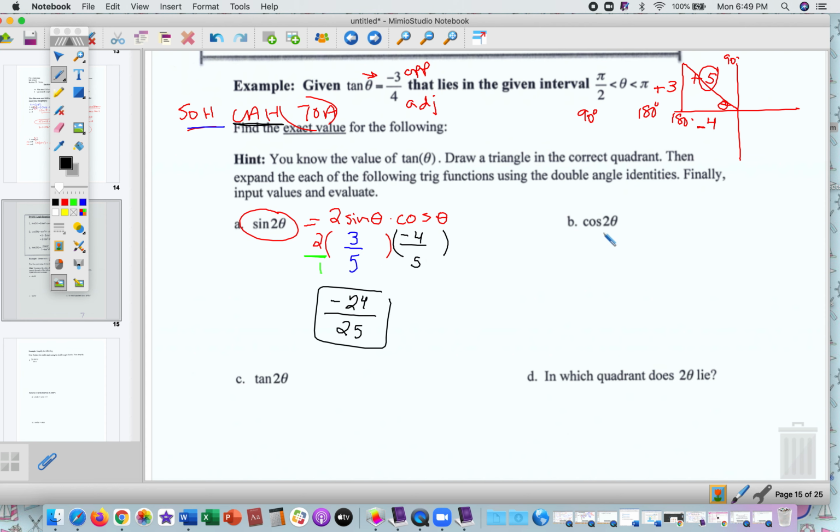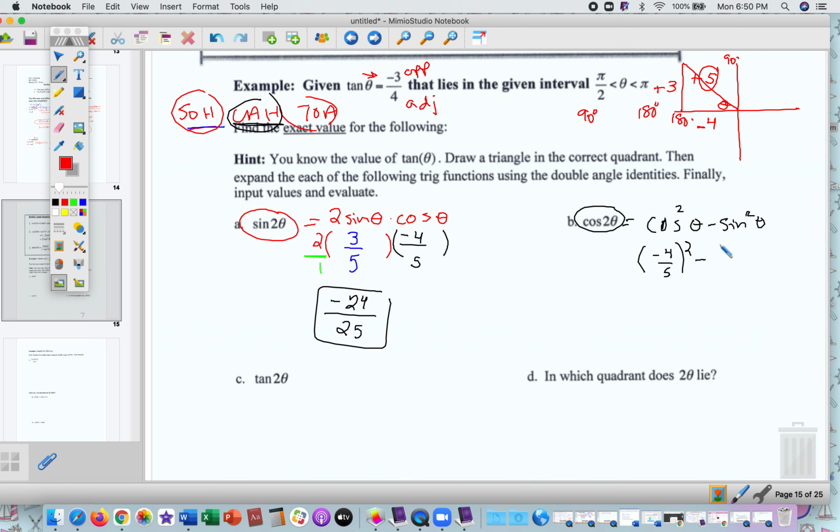Cos of 2 theta. So I'm going to look at my double angle identities. I know that cos 2 theta is equal to cos squared theta minus sine squared theta. So if I look over here at the triangle, I know that cosine is adjacent over hypotenuse. So again, cosine's negative 4 over 5. And we're going to square that. Minus, we know that the sine is opposite over hypotenuse.